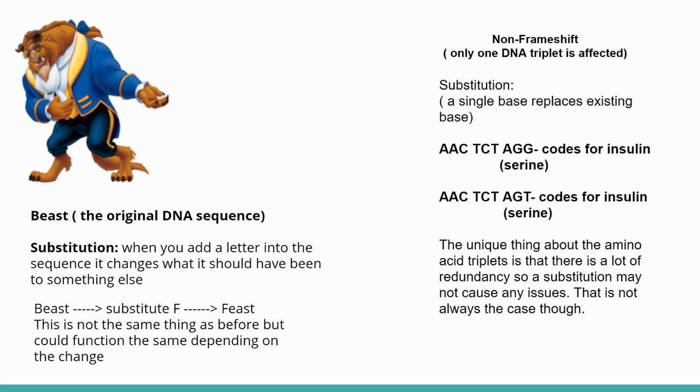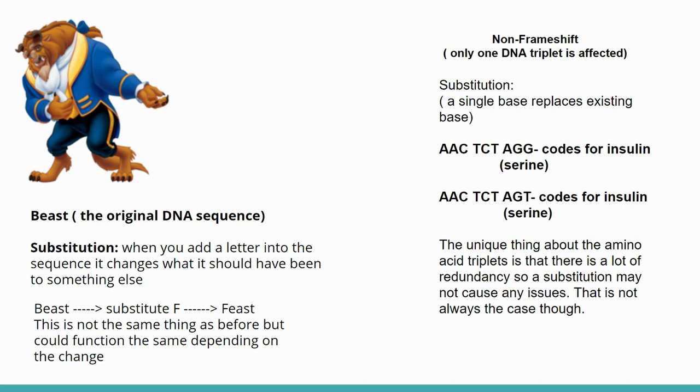AGG gives me serine. If I substitute a T for this final G, so right here, here's my G, I substitute in a T, I still get serine. I still read AGT still makes me serine. Now this doesn't make sense yet because we haven't covered transcription and translation. It will. What I want you to understand from this is substitution is taking one letter and changing it for another.